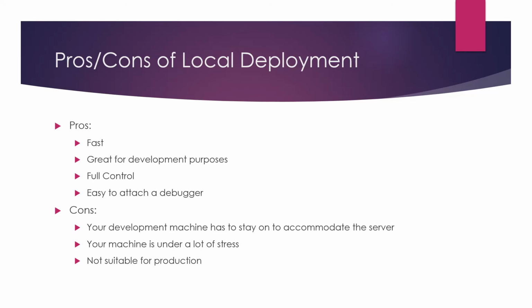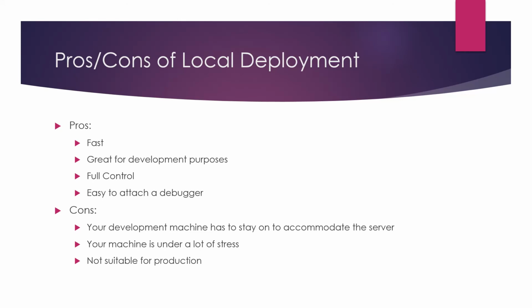You have full control over the environment and cache and all that. And also, it's very easy to attach a debugger. There is a possibility of attaching a debugger to remote processes in the cloud, but that's not in the scope of this course. It's obviously much easier to get a debugger attached in your local environment.